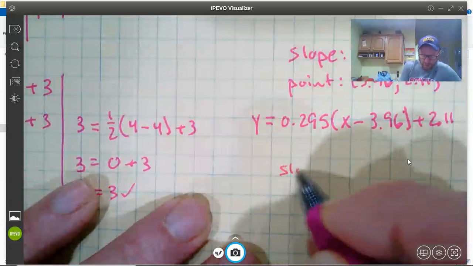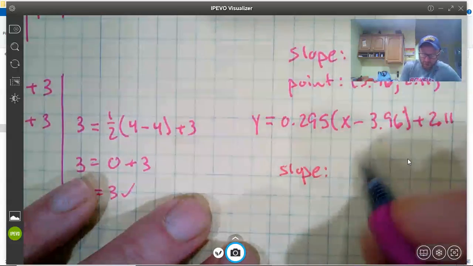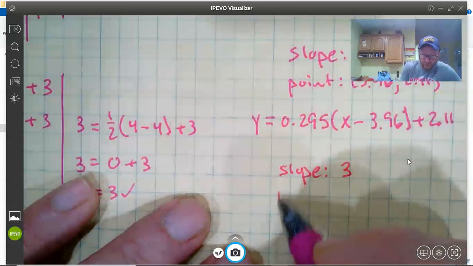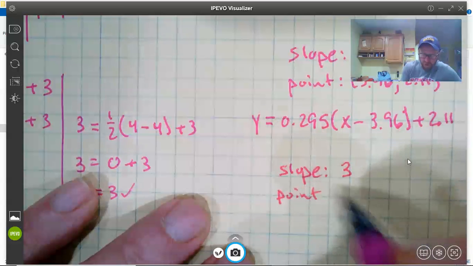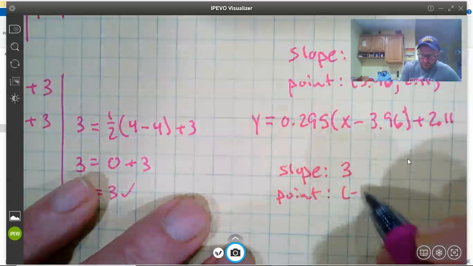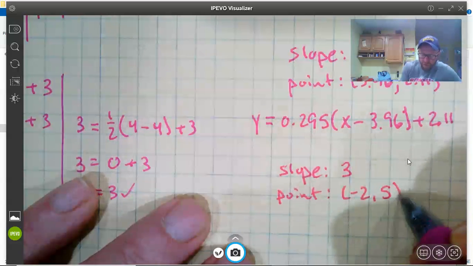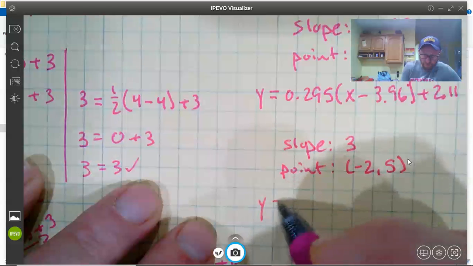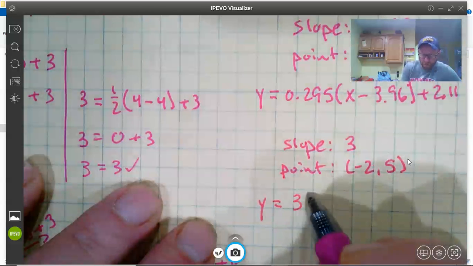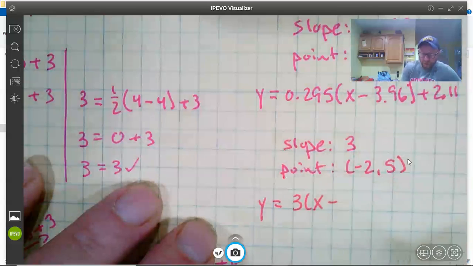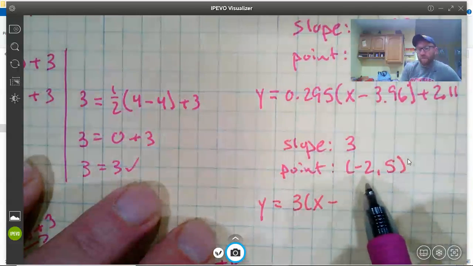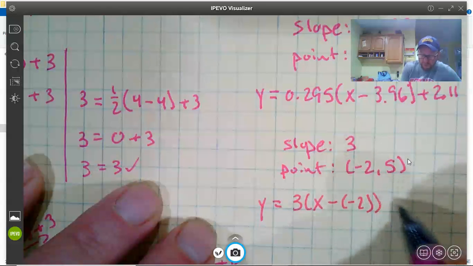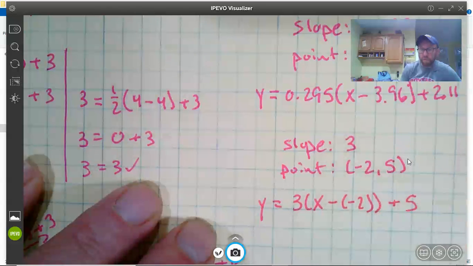Say I had a slope of, we're going to go back to simple numbers again, say 3. And say my point was -2, 5. So I write in my equation, y equals 3x minus, but my x-coordinate is -2, plus 5.